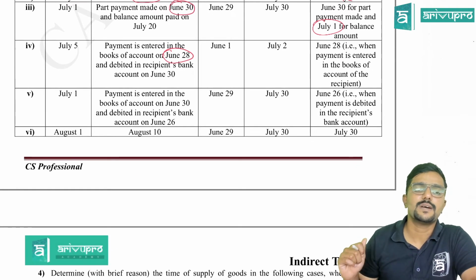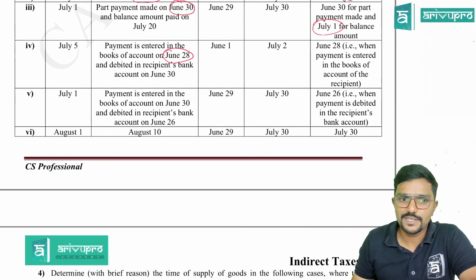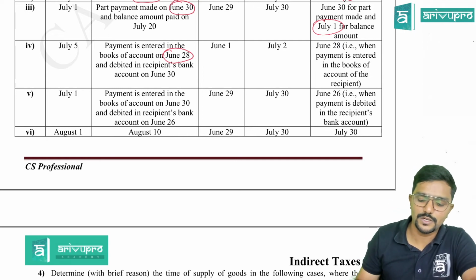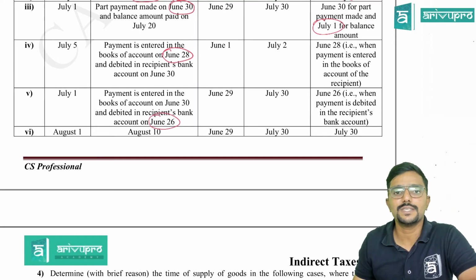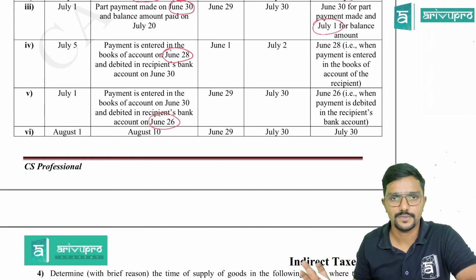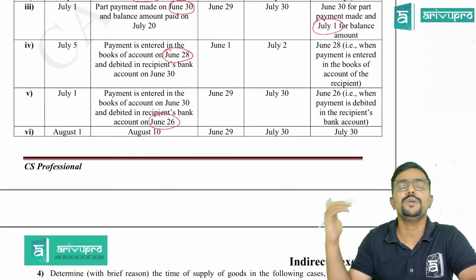Okay, next, coming to the fifth one. July 1st is the date of receipt of goods. Then payment is entered in the books of accounts on June 30th and debited in the recipient's bank account on June 26th. Which is earlier? June 26th. So what is the date of payment? June 26th. So there are no two payments here, only one payment but two different events.